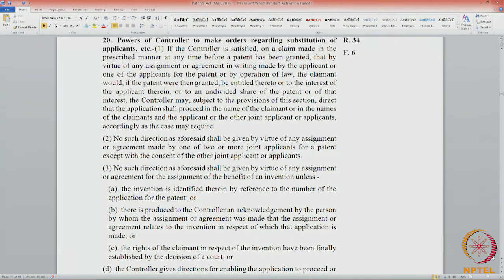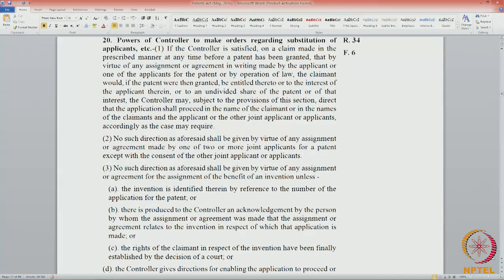So, there is a claimant or claimants, it could be one or more people, and the claimant by virtue of three things, an agreement, assignment, or operation of law, was entitled to the application itself, or to an interest, or to an undivided share.